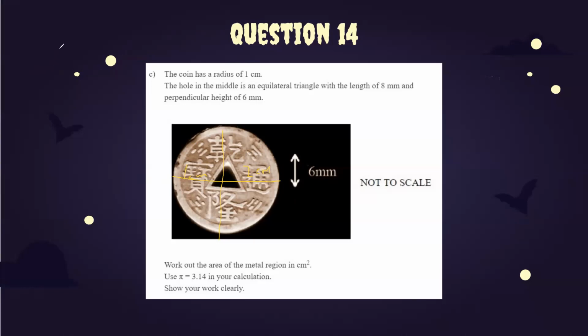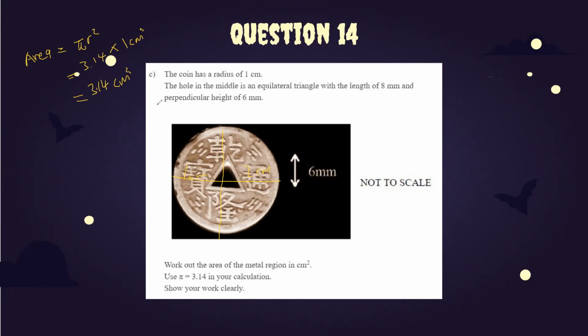So area of circle equals pi r square. So the pi here is 3.14 times 1 cm square. Because 1 times 1 equals 1, your answer is just 3.14 cm square.